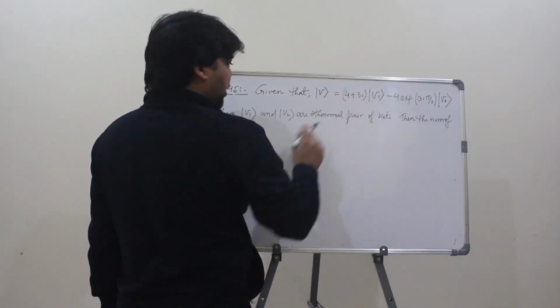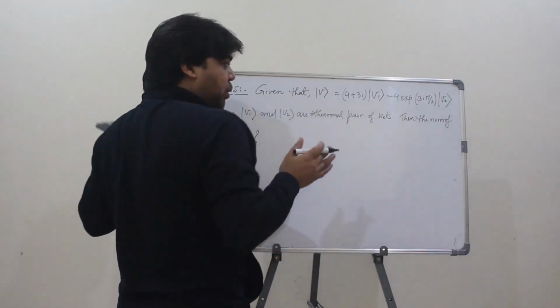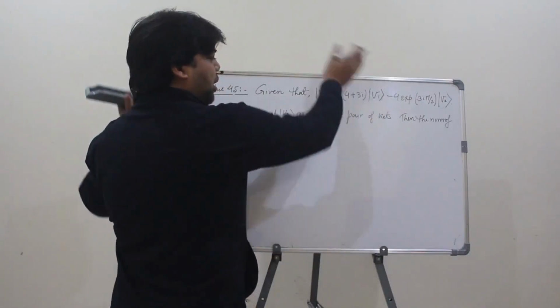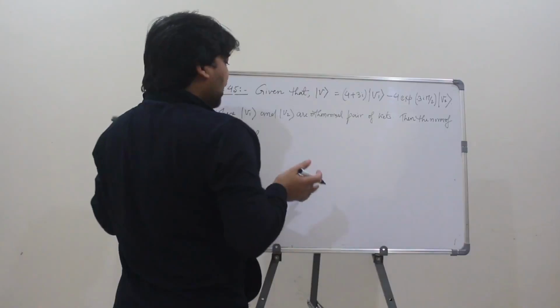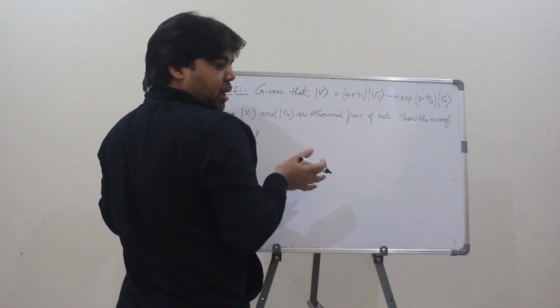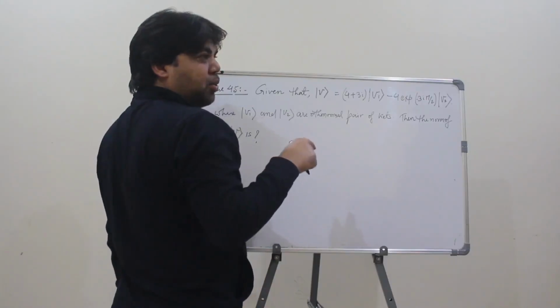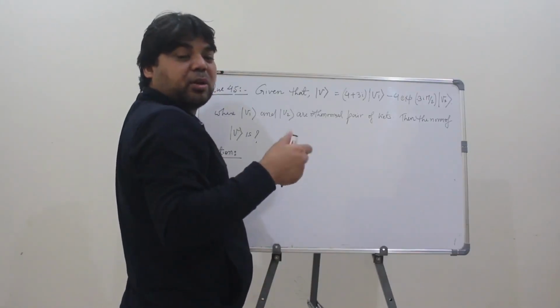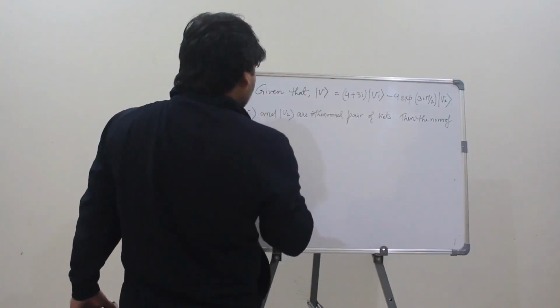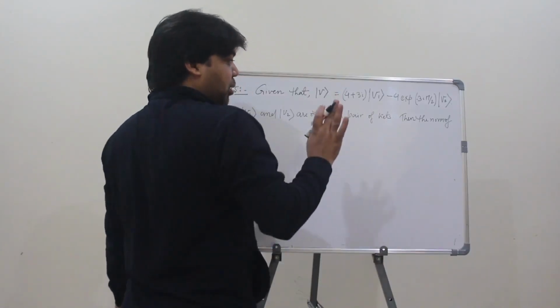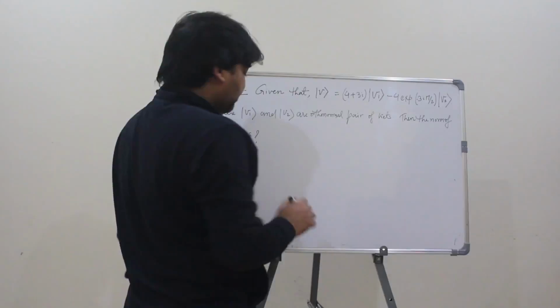Let us calculate the norm of v. To calculate the norm, first we calculate the bra corresponding to this ket vector and then take the inner product. Whatever you get, you take the root, and that will give you the normalization factor. Right? This is the standard procedure of finding a norm for the vector.